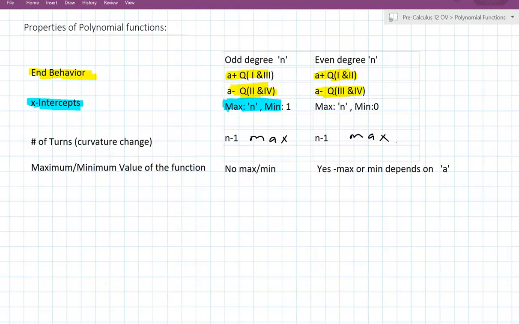you may not actually get that many curvature changes. And then the maximum and minimum value of the function: odd degree polynomial functions really don't have a maximum or minimum. Remember, the odd functions only have relative minimums and maximums.